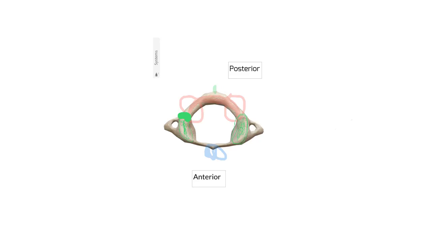Then over here, moving forward, in the red, we'll have the transverse processes of Atlas right in there. And then inside Atlas, we'll have a couple of ligaments that we'll point out in the next couple of slides that articulate with the dens of C2.